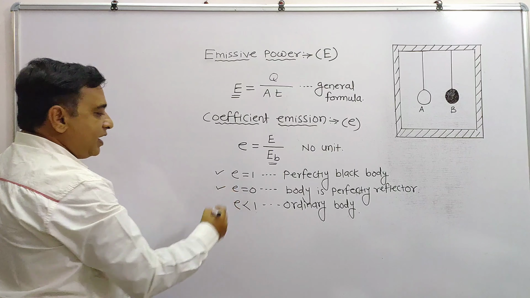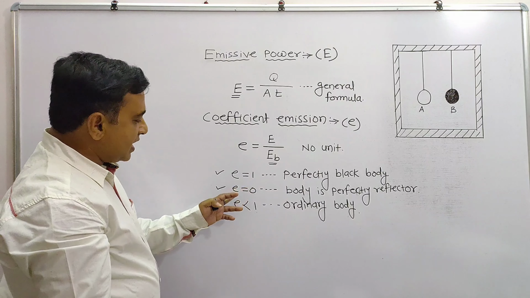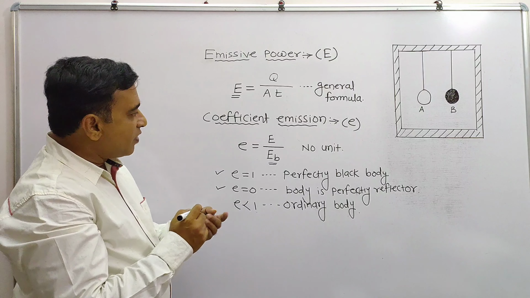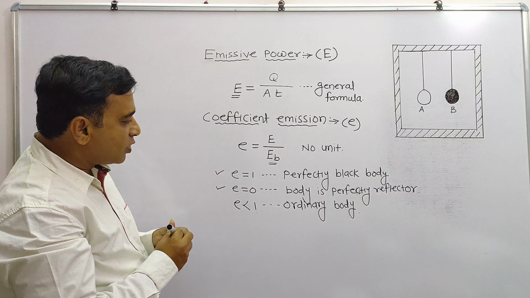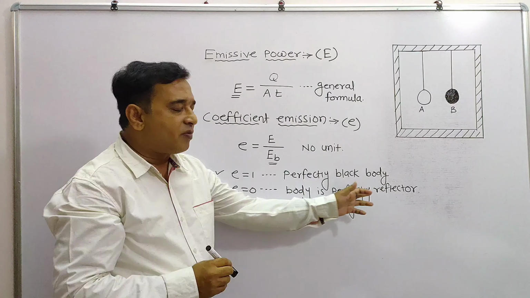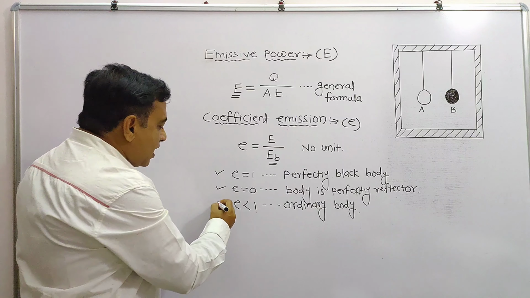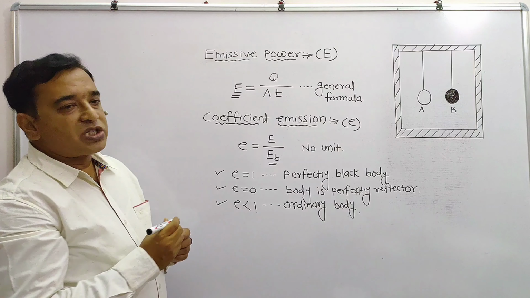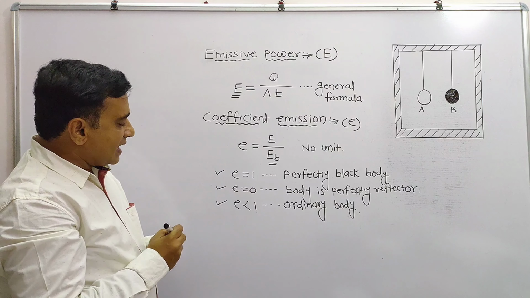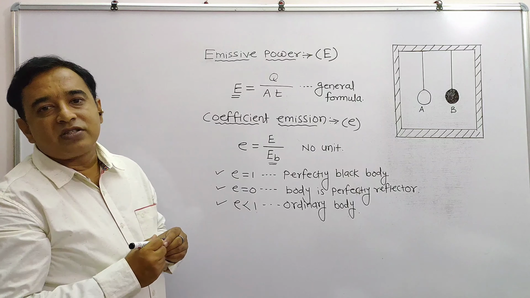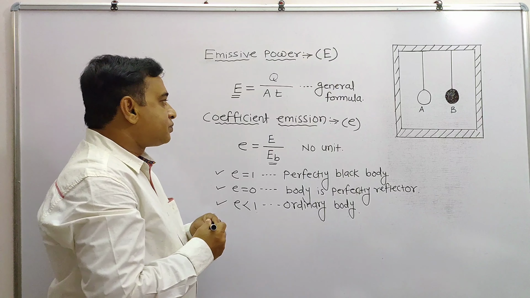If the coefficient of emission is equal to 0, the body is a perfect reflector. And what about this one? If the coefficient of emission is less than 1, then the body is a general or ordinary body.